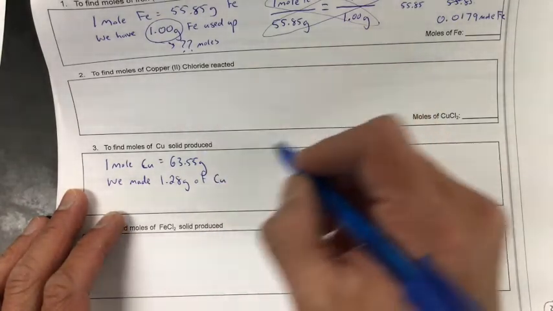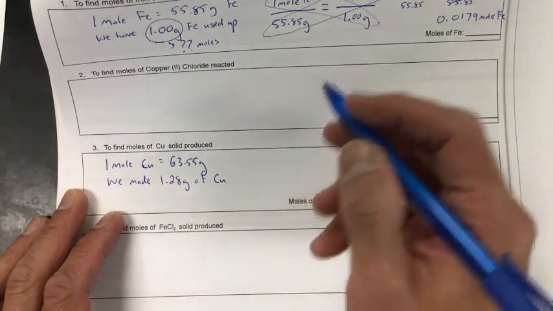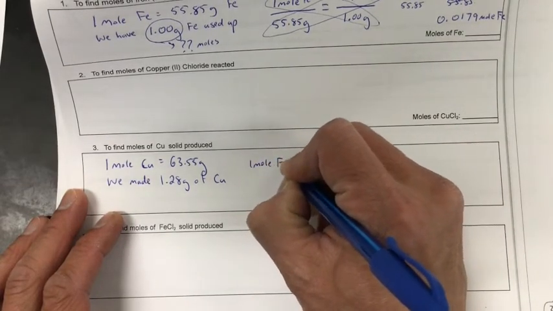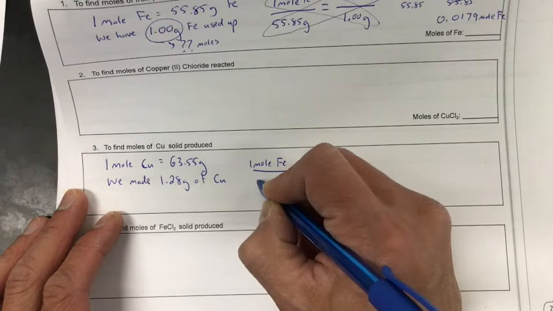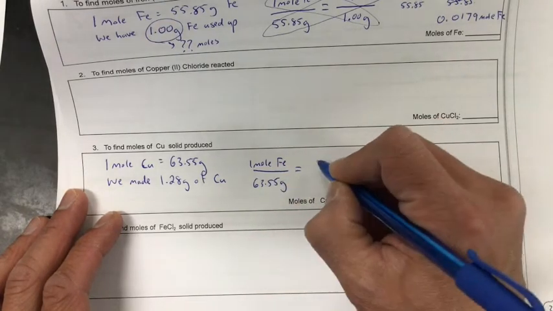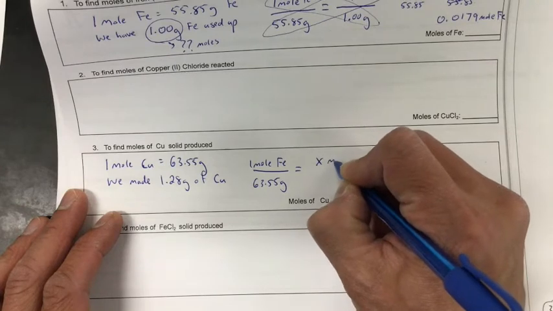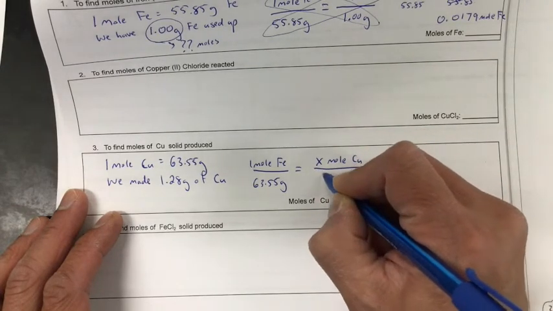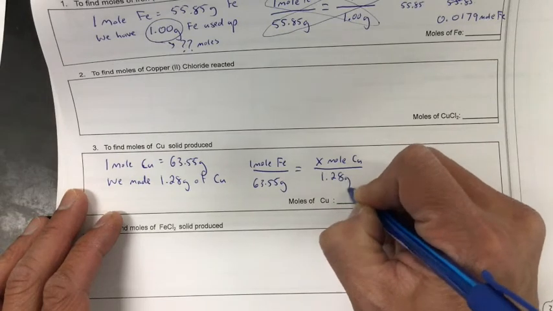And if I go ahead and do the same technique I did up here, I know that 1 mole of copper is equal to 63.55 grams. Well, how many moles, X moles of copper, is 1.28 grams.